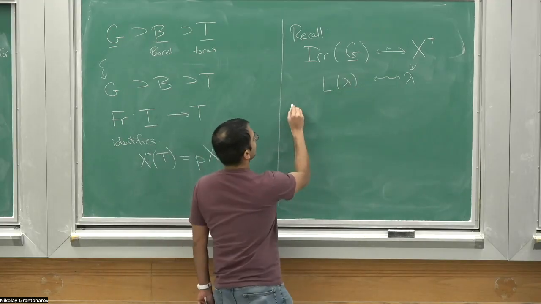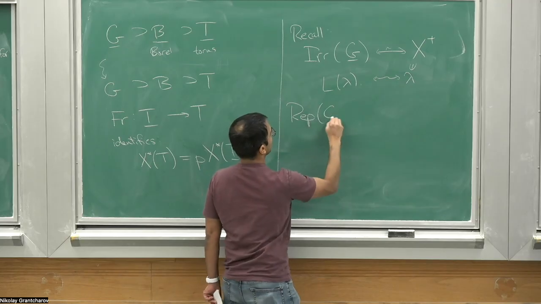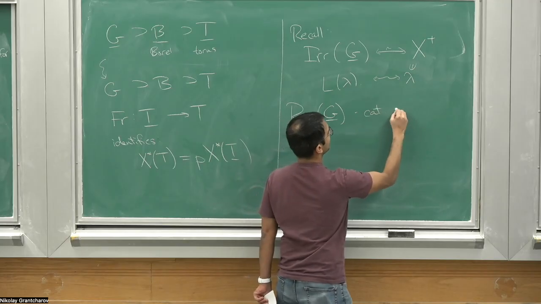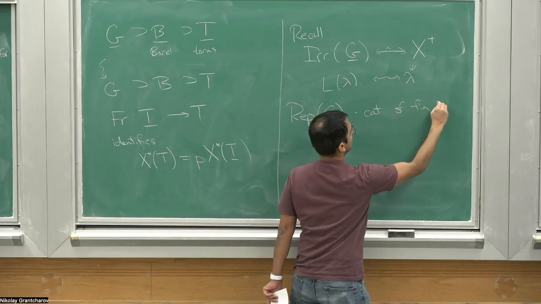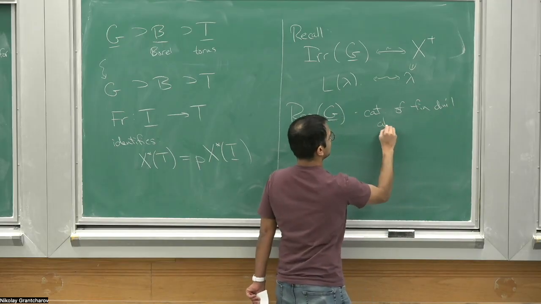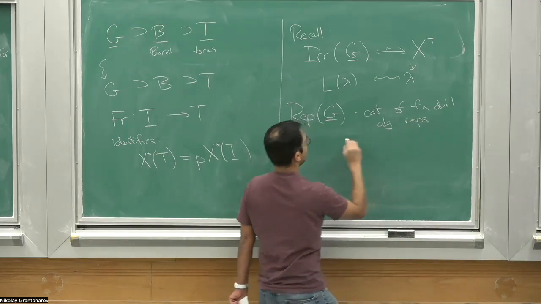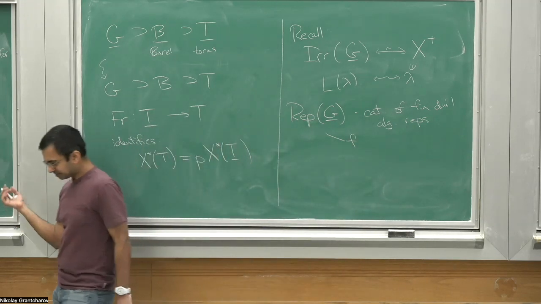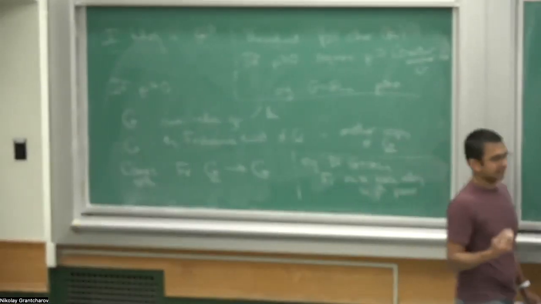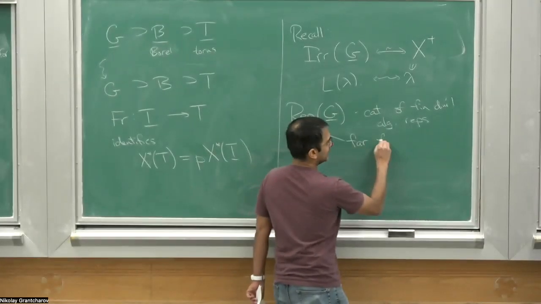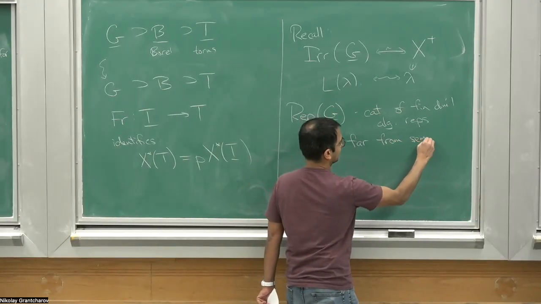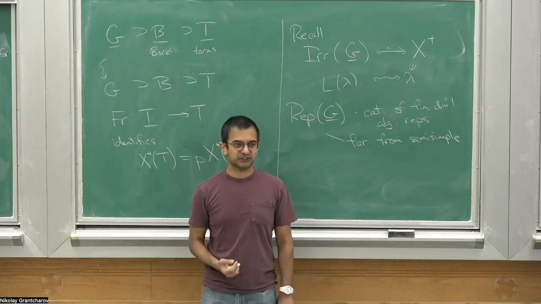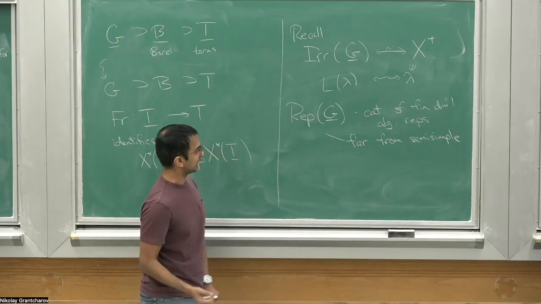Rep G underline means the category of finite dimensional algebraic representations, and when the characteristic is positive and the group is anything other than a torus, this category is far from semi-simple. So there are lots of interesting indecomposable but not irreducible representations. There are lots of complicated Ext groups.